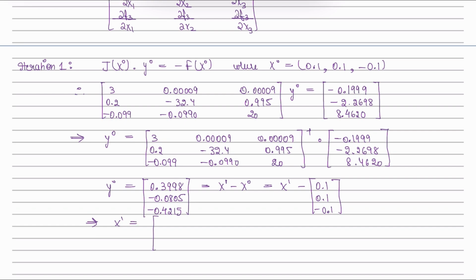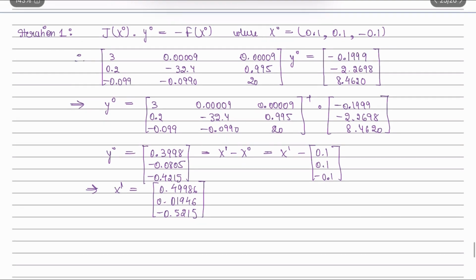From here we can calculate the value of x1, which will be 0.4996, 0.01946 and minus 0.5215. This will be my updated value of x, and we will take the input as x1 for the second iteration.